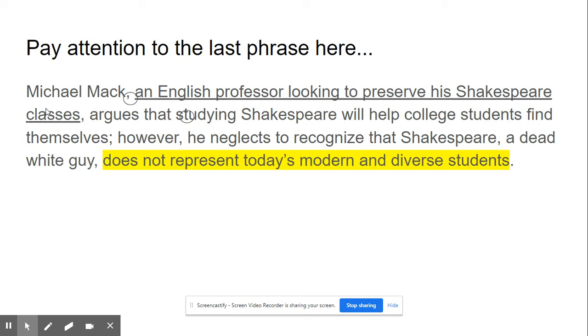Michael Mack only has a job if he can teach Shakespeare, right? That makes him a little biased, all right? So you want to do something like that. Now notice here, comma, and I don't know why this one's clear over here, but it should be comma here too, okay? So this whole phrase is in a positive, pointing out the flaw in the fact and what makes him not as good and how the second one is better.